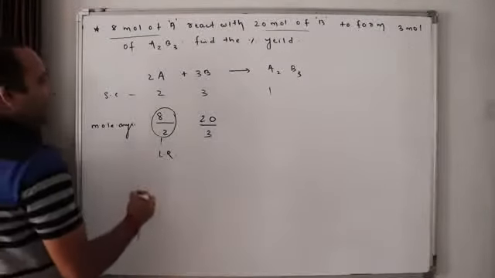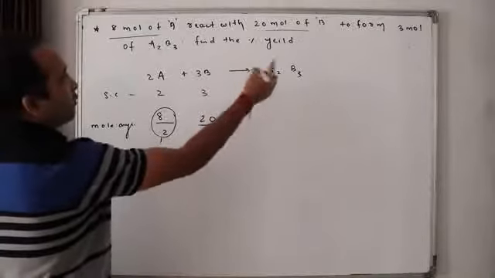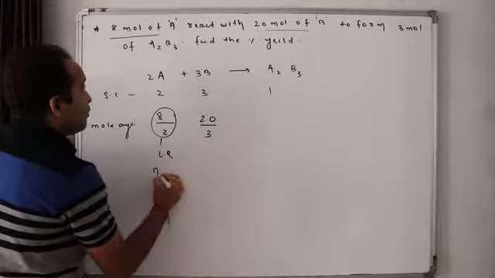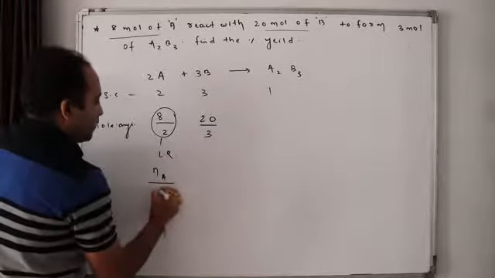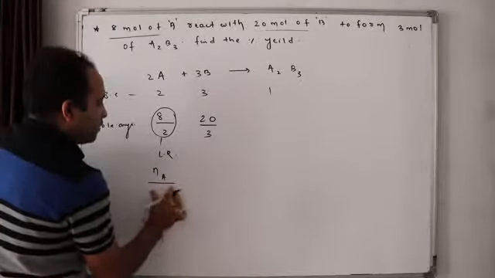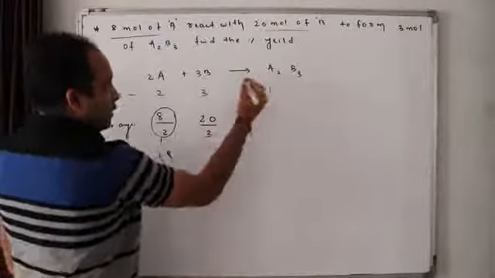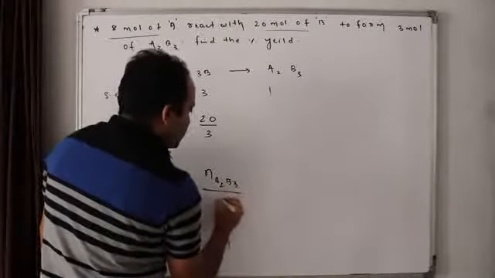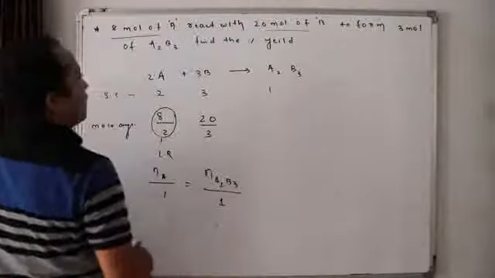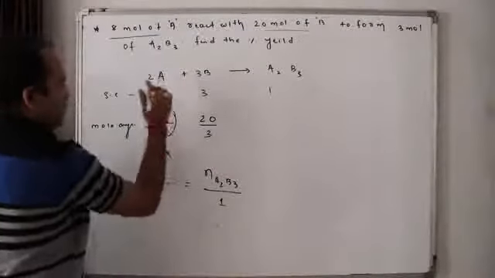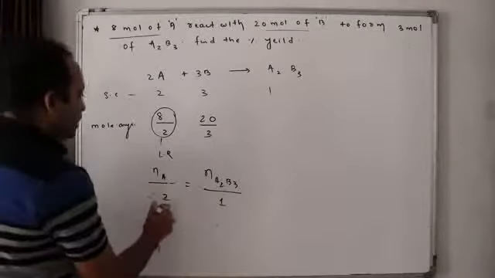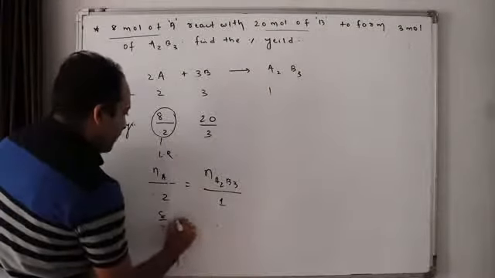That means, can I write like this? How much A2B3 is expected? Number of moles of A by stoichiometric coefficient of A equals number of moles of A2B3 by its stoichiometric coefficient, which is 1. The number of moles of A we have taken is 8, divided by 2.